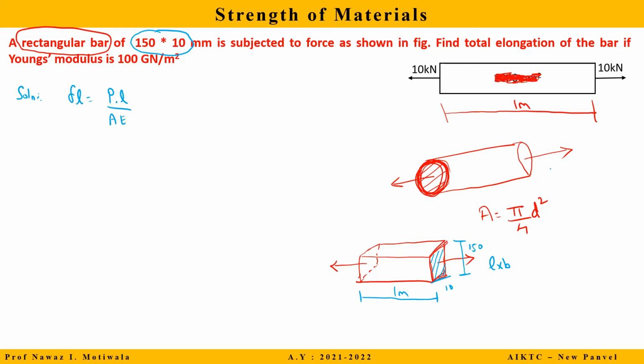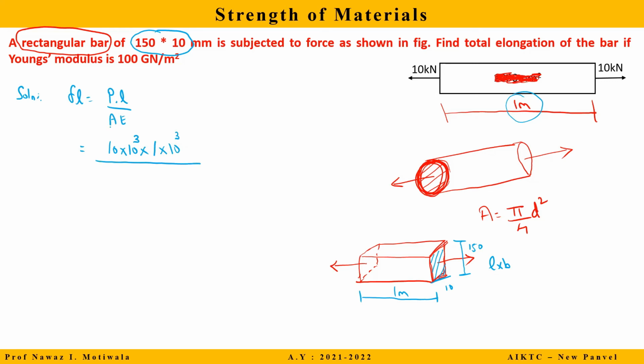Now here there is a single bar, so my load will remain the same; we don't have to change it. In place of P it will be 10 kilonewton, so 10 into 10 raised to 3, multiplied by the length. The length given in the question is 1 m, so it will be 1 multiplied by 10 raised to 3, converting into mm.